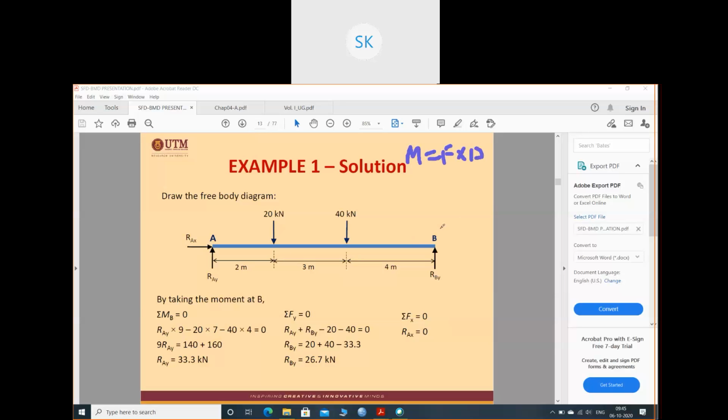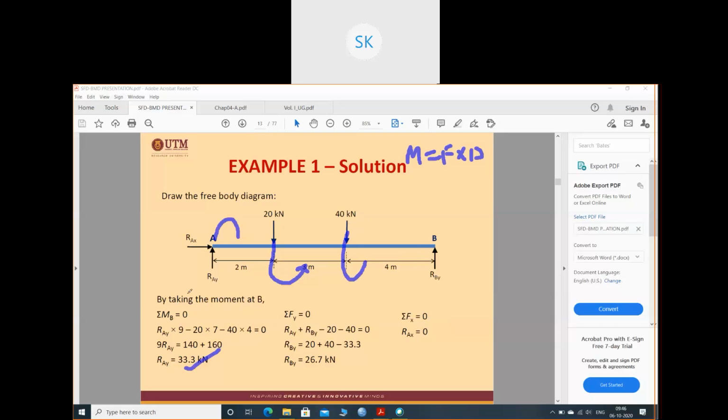Moment about B: RAY into 9, and it will go clockwise, so positive RAY into 9, minus 20 into 7, because this 20 kilonewton is downward and comes anti-clockwise, and the distance is 3 plus 4, 7. Next, again anti-clockwise, so minus 40 into 4, equals 0. Solve this equation, you will get RAY equal to 33.3 kilonewtons.